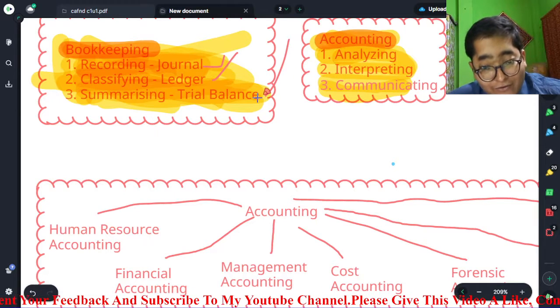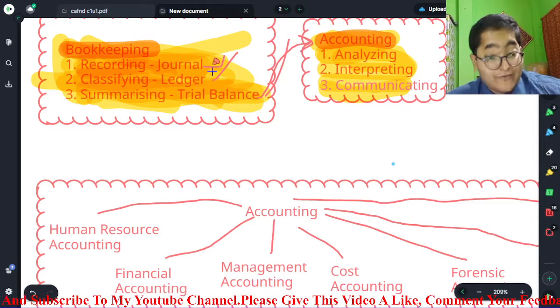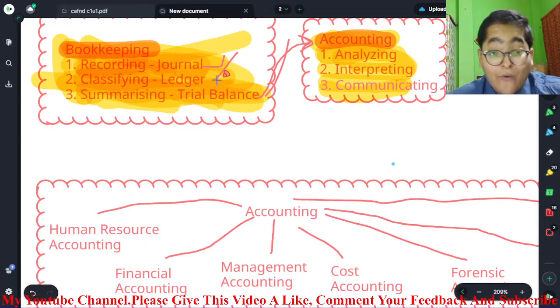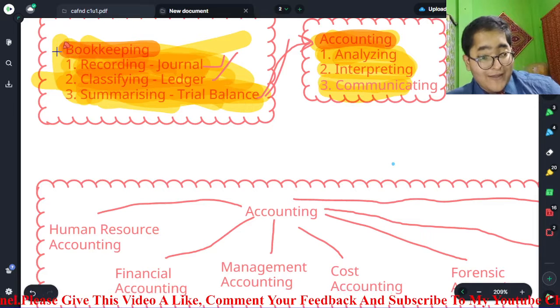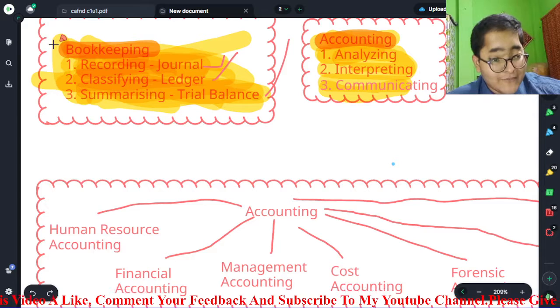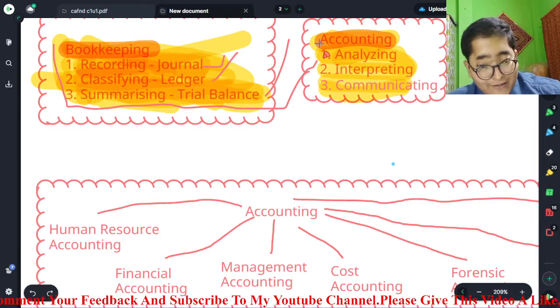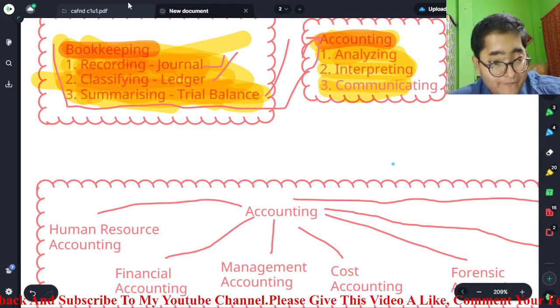Only after the trial balance can you go to accounting, right? Without forming the trial balance, how can you form the accounting? So up to the trial balance, it is bookkeeping. So this bookkeeping is very important. After bookkeeping is done, we can proceed to accounting.